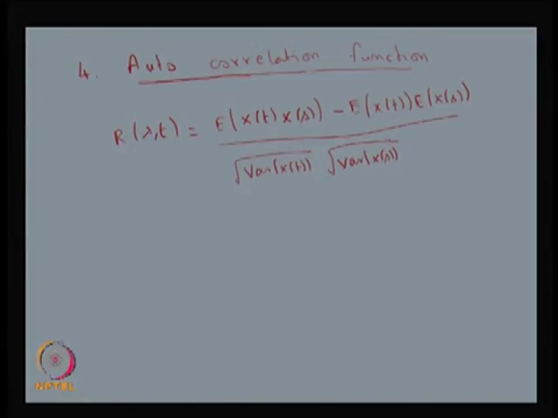So, the numerator can be written as covariance of x of t comma s divided by square root of variance of x of t square root of variance of x of s.